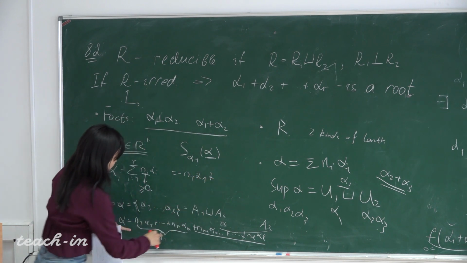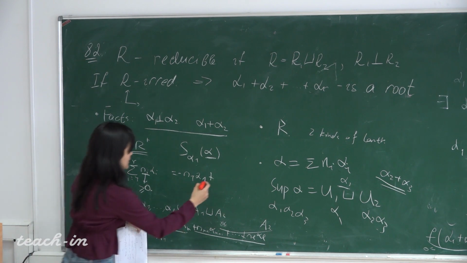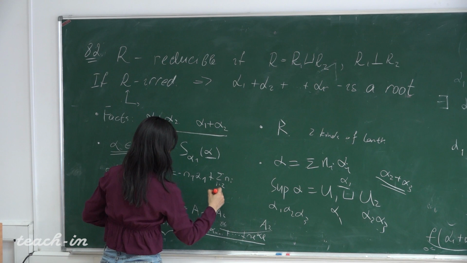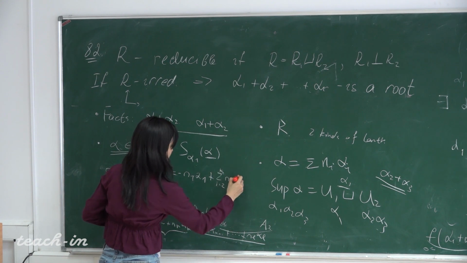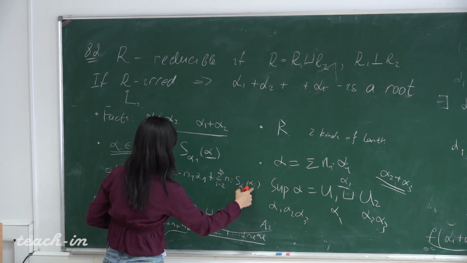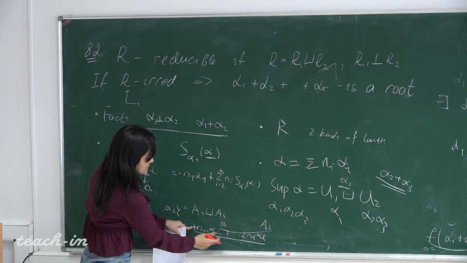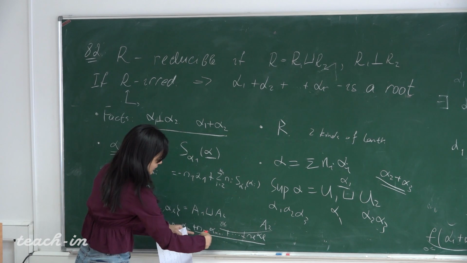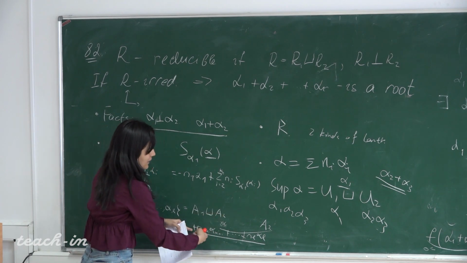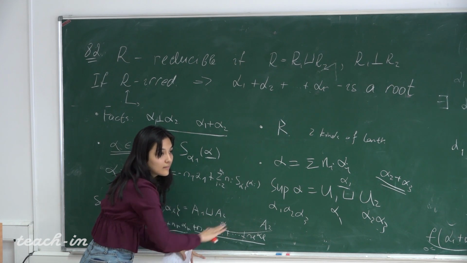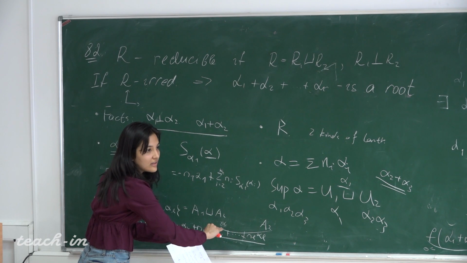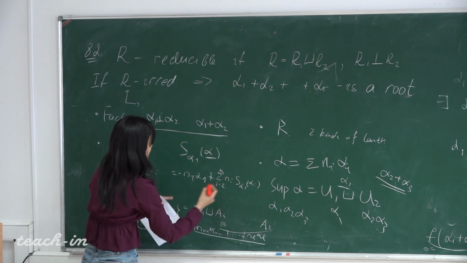I have some scalars here, and i equals 2 to k of alpha i, and then this. If I compute this reflection with respect to alpha 1, these are contained in the plane that is orthogonal to alpha 1, so they are invariant under this reflection.